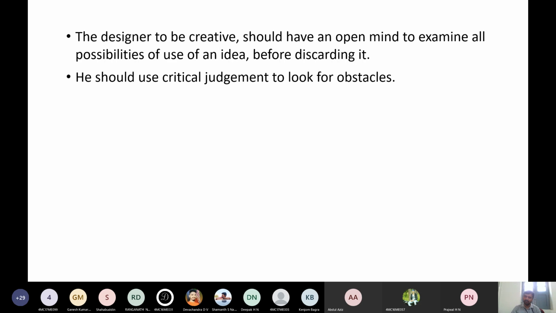We will go further down. Okay, and we may be in our own illusion. Reality is different from illusion, and that is proved by the statistics released by IMF recently. Okay, so the designer, to be creative, should have an open mind. Now our society is moving towards gaining a closed mind, a very narrow mind.